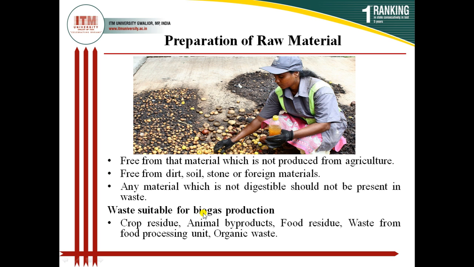The wastes which are suitable for biogas production are crop residue, animal byproducts, food residues or kitchen waste taken out from our kitchen, waste from food processing units, and all other organic waste. That's why I am saying waste from food processing units.